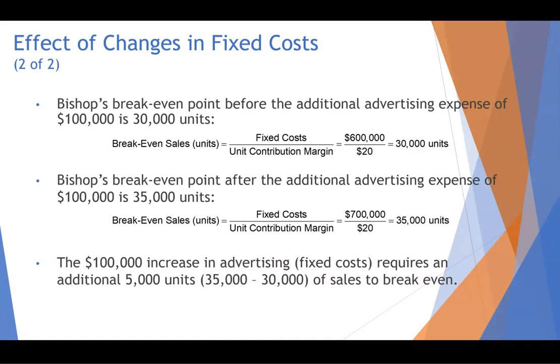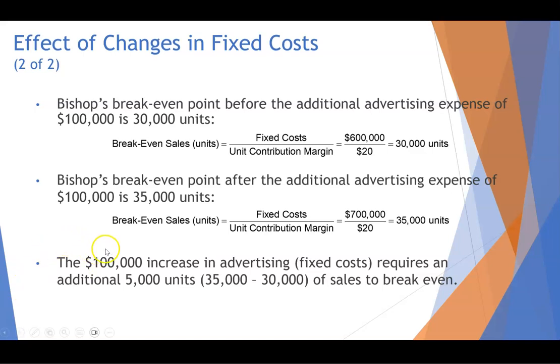Bishop's break-even point before any additional advertising is 30,000 units: the $600,000 divided by $20 per unit contribution margin. The break-even point after the additional advertising is going to be 35,000 units. Now it's $700,000 fixed costs divided by 20.